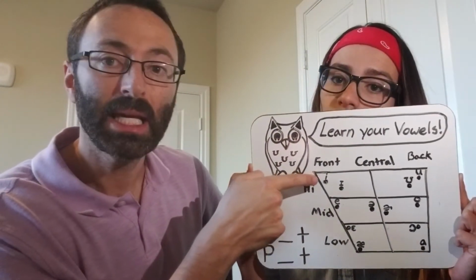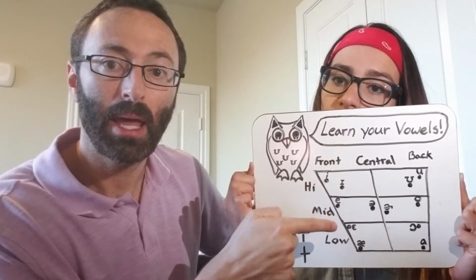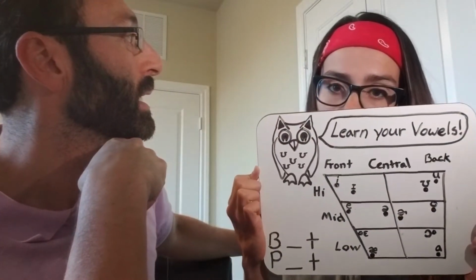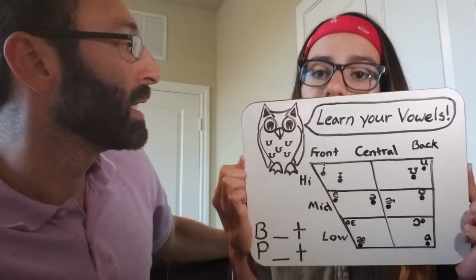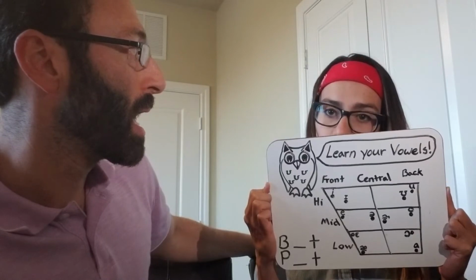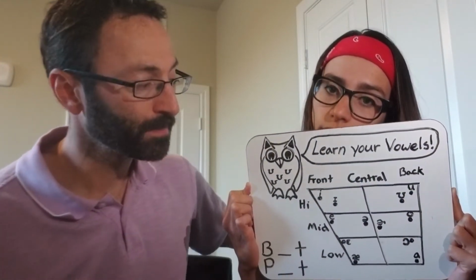So we've got E, I, A, E, A. One more time. E, I, A, E, A. Each sound, the jaw drops progressively lower.